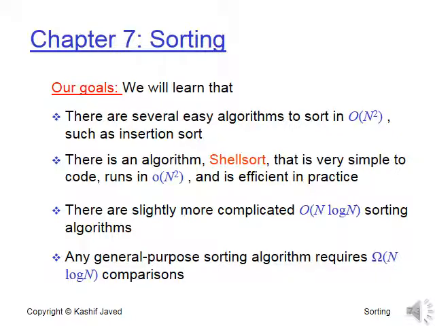We sort list 1 and list 2 separately, then combine the two lists into one list, which will be our sorted list. Any general purpose sorting algorithm requires big omega n log n comparisons. This means that big omega n log n is a lower bound for the time complexity of any sorting algorithm that is based on comparison.